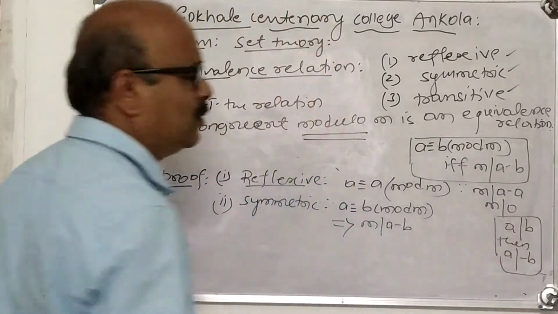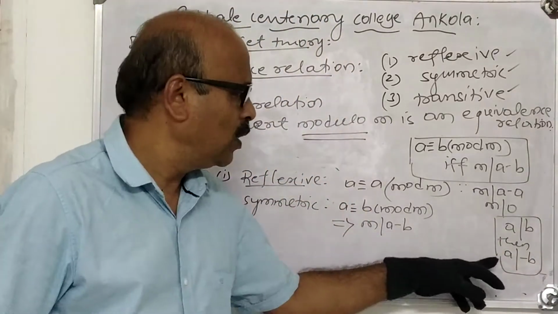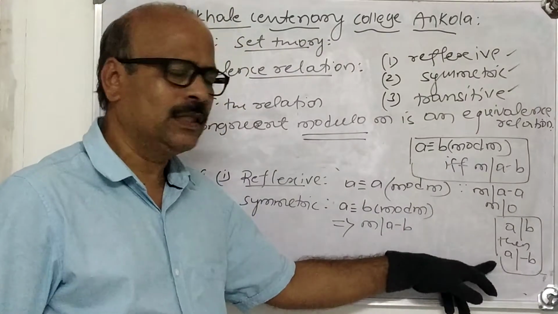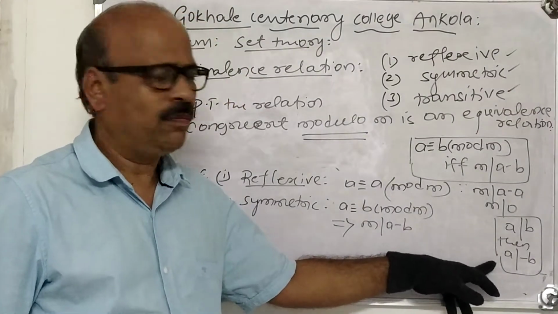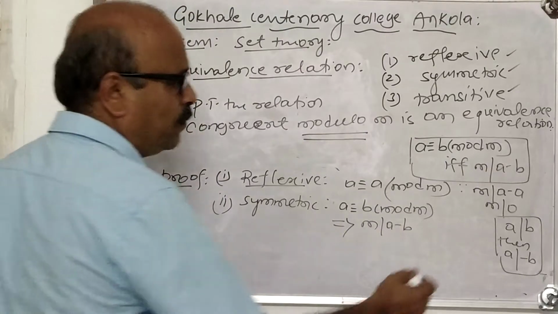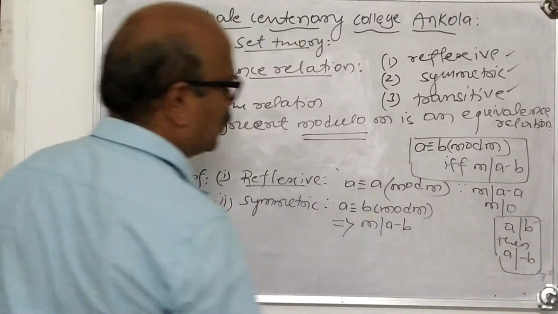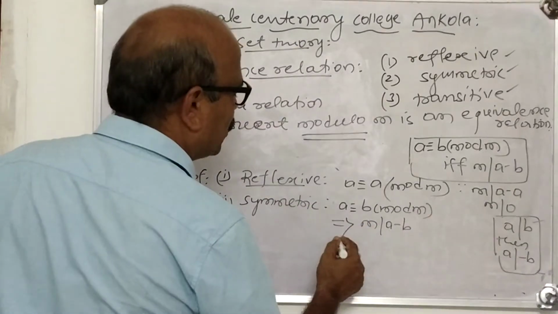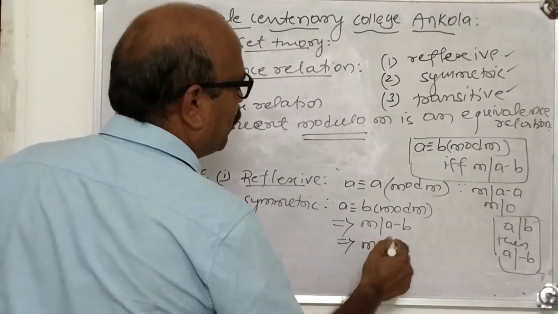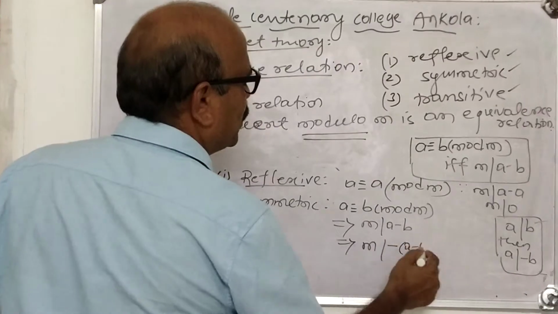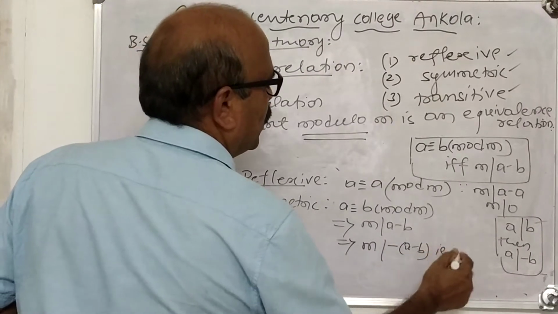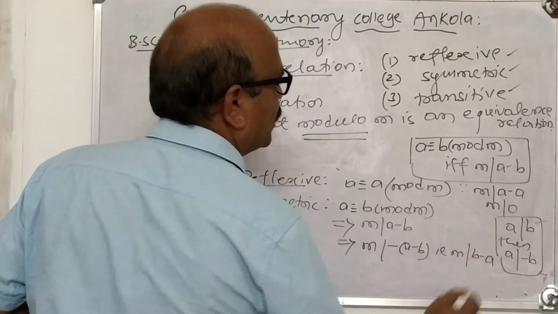This is the property of divisibility, and you are supposed to study this in detail in number theory. Now I give the statement only here. Now m divides a minus b implies m divides minus of a minus b, that is, m divides b minus a.